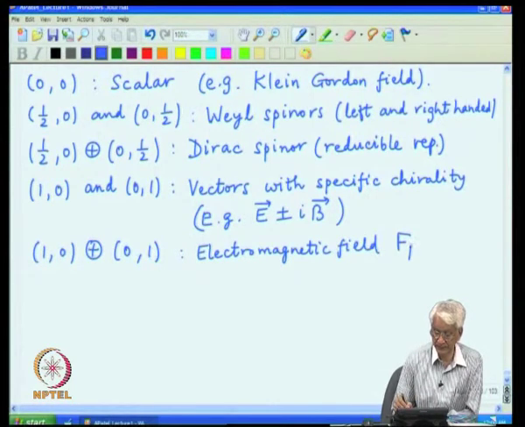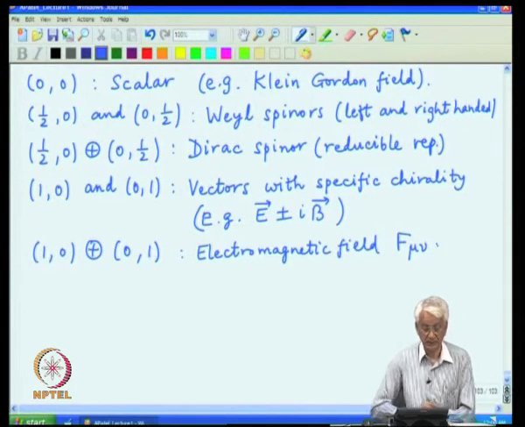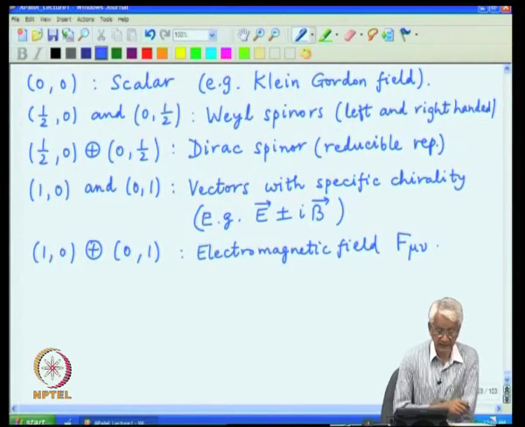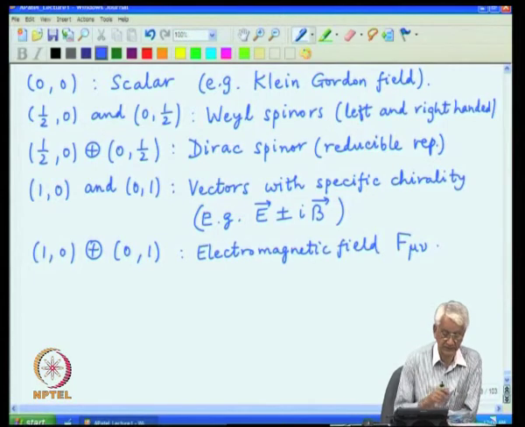These components can be put together in the structure F mu nu. It again is a reducible representation. You can break it up into these two chiralities above. So, this now is objects which had 3 degrees of freedom, and we put them together.